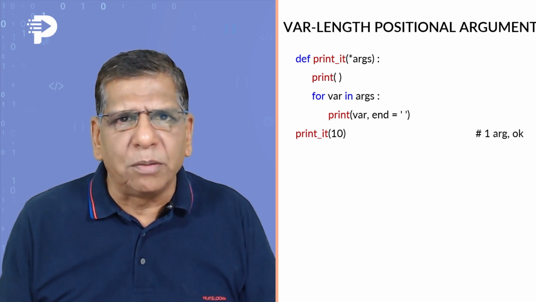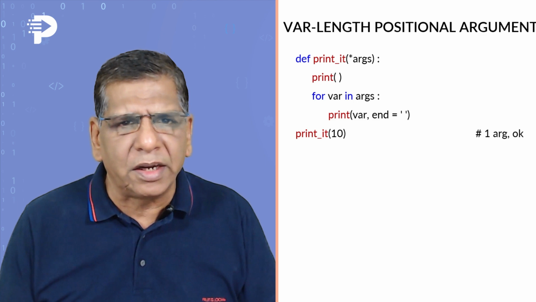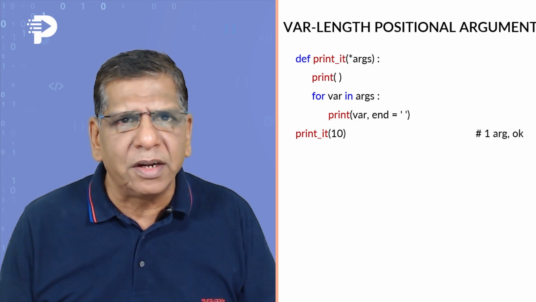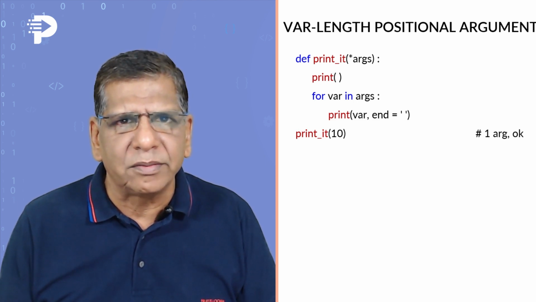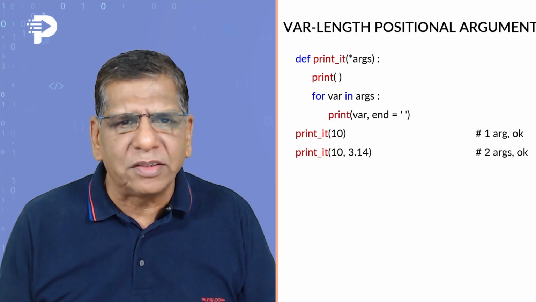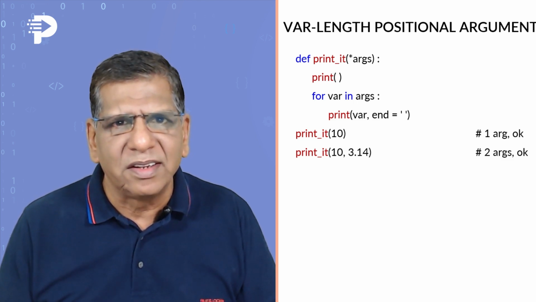Then let's call printIt. First time I make a call, I pass an argument 10. It will be collected through the for loop. It will be printed. The for loop naturally will go around only once because this time args contains only 10. But if I pass two parameters, args is going to gobble up both, and then the for loop would iterate twice.